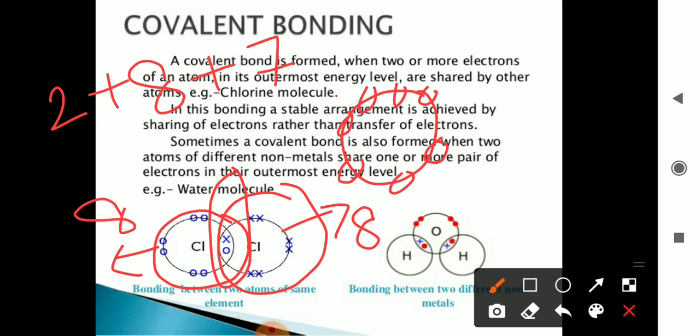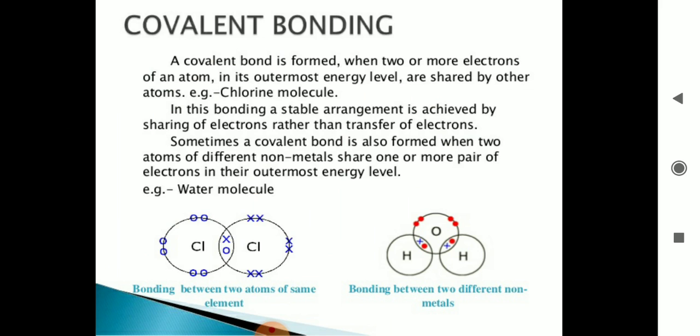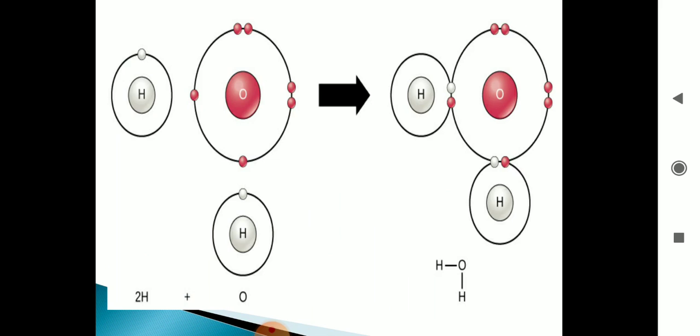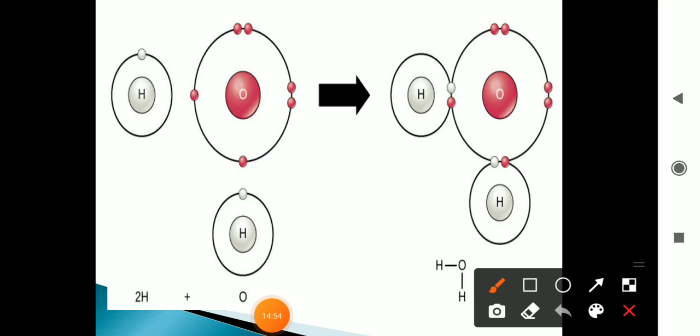We can consider different elements also, like water. If we consider water, how will it be? The atomic number of hydrogen is 1, so in the first orbit it has 1 electron. Similarly, in H2O we are considering 2 H atoms. And the atomic number of oxygen is 8.